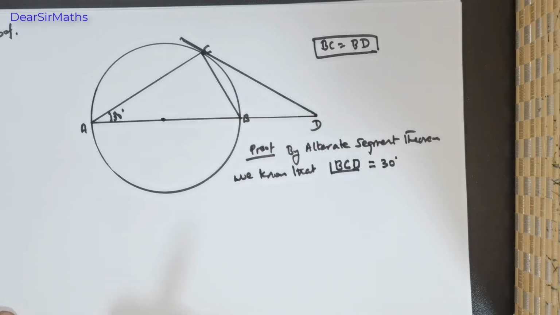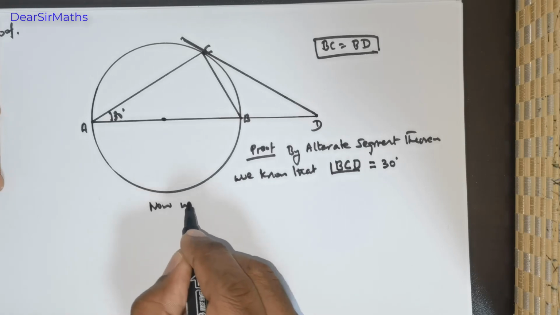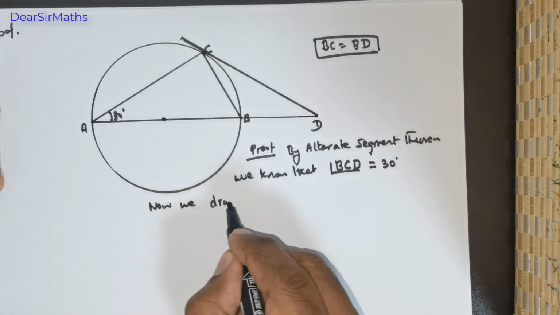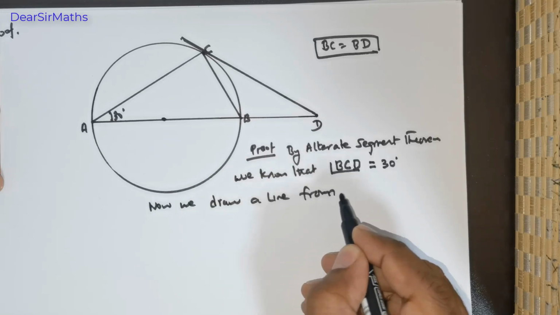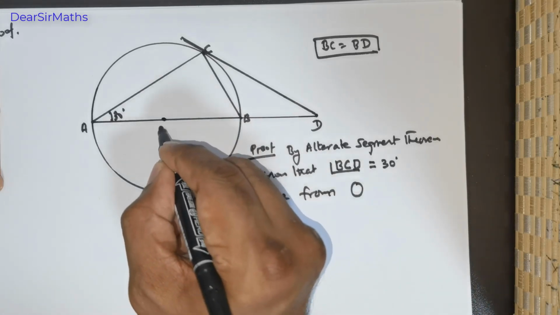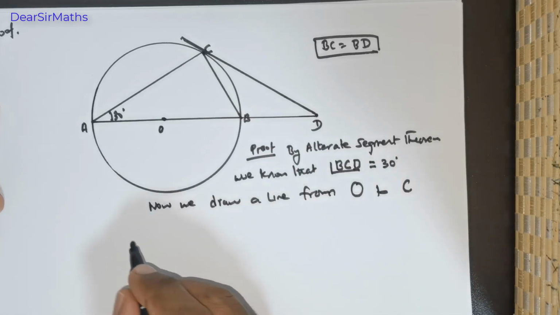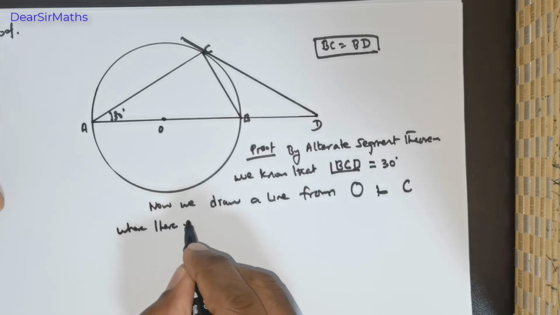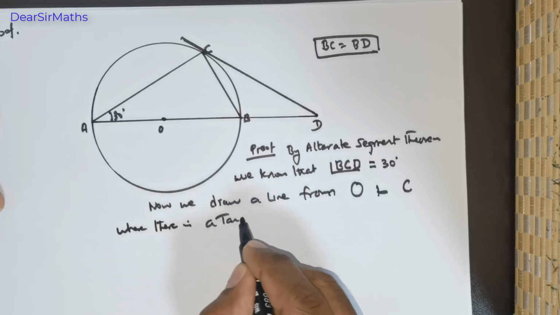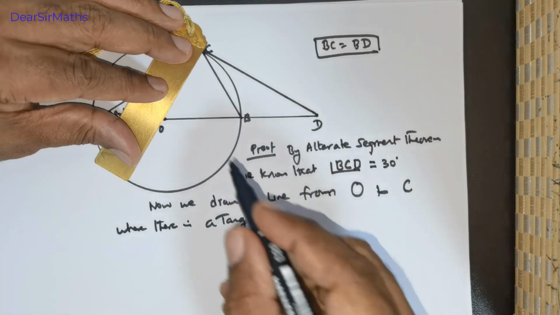Right? Now we draw a line from O, the center, to C, where there is a tangent. Okay, so we connect this point.